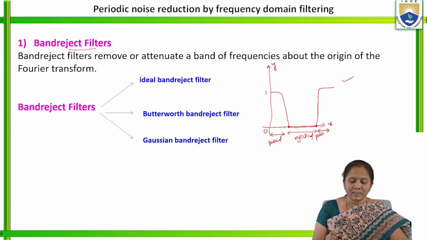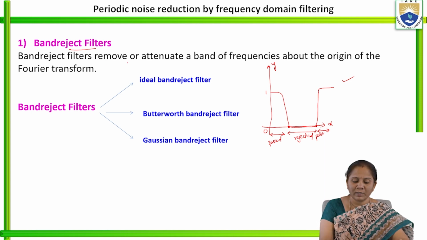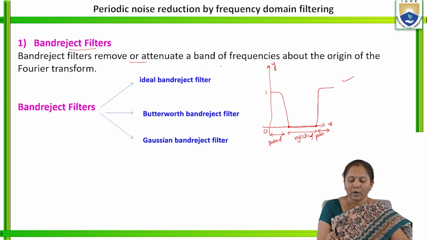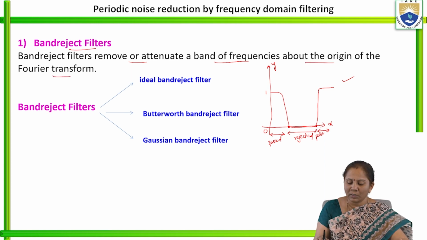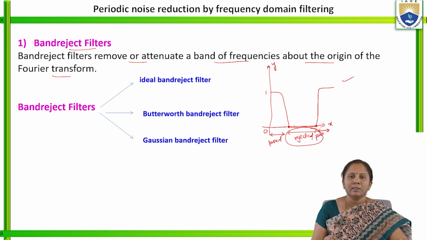So let us consider what a band reject filter is. The band reject filter's function is to remove or attenuate a band of frequencies about the origin of the Fourier transform. So these are the band of frequencies that are going to be rejected.